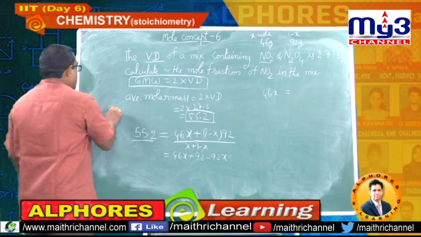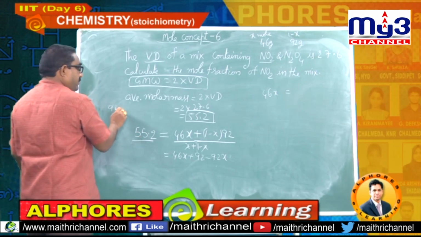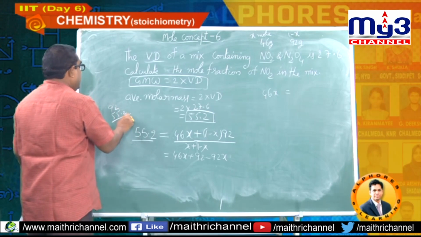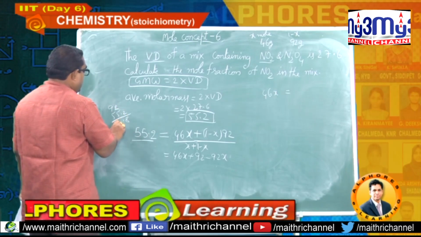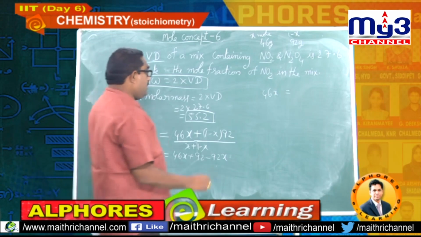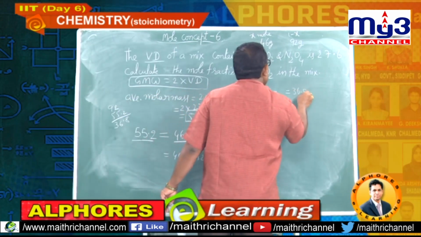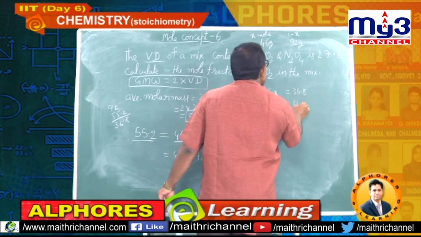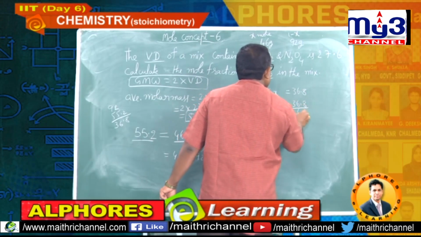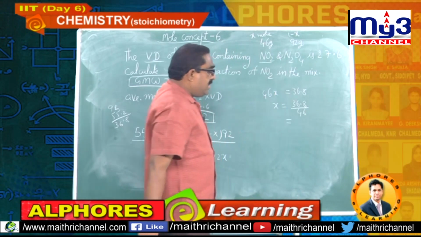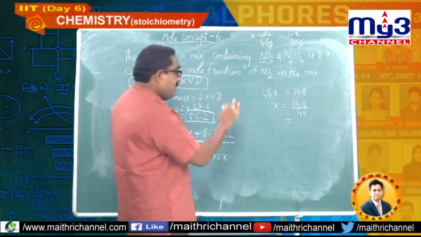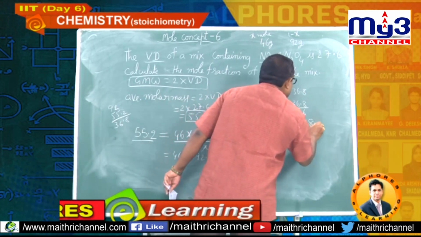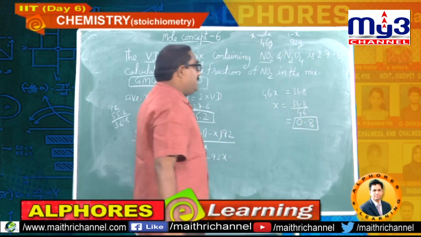I will do the calculation. 92 minus 55.2, that is 36.8. So x is equal to 36.8 by 46. I think it is 8 times. 8 40s are 320, 8 6s are 48. So 368. Yes. So x is equal to 0.8.